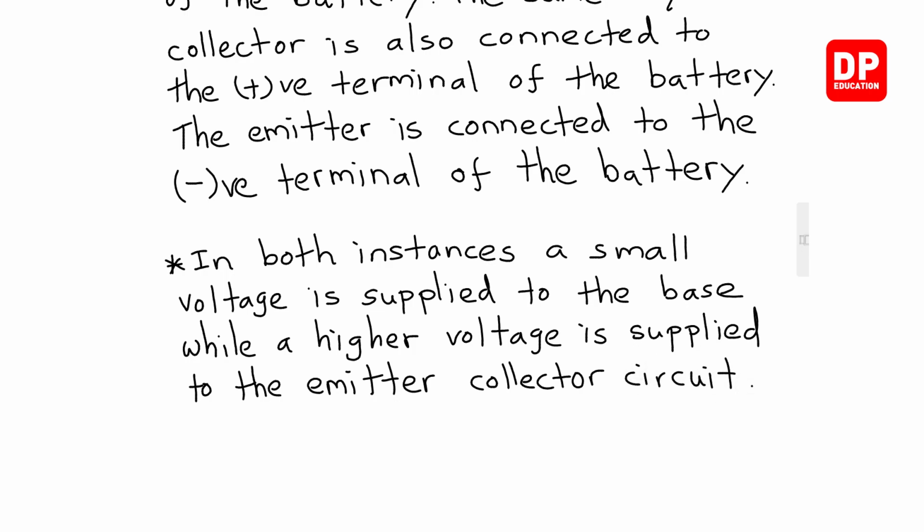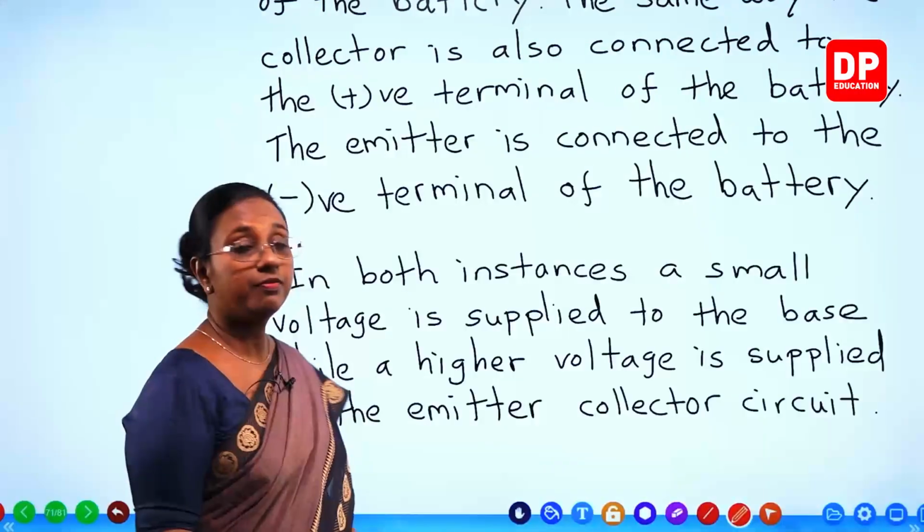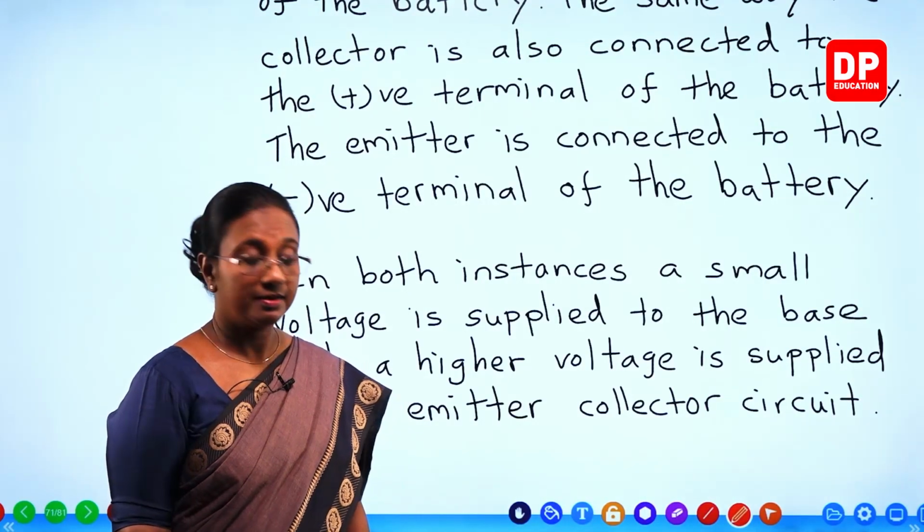Is that clear, students? So that is how we forward bias a transistor.